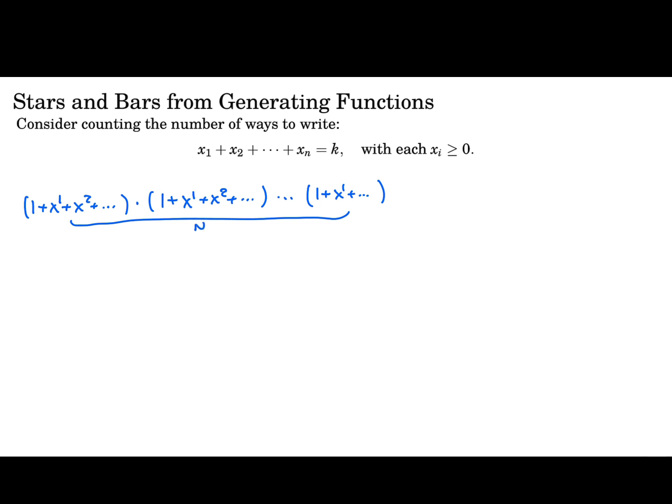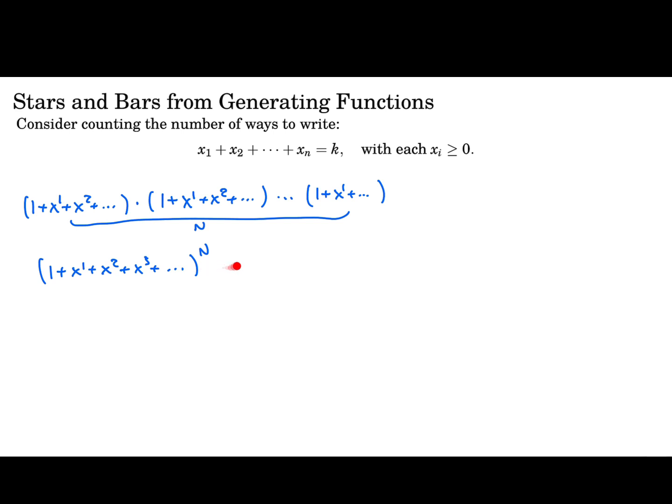In other words, this is just 1 plus x to the power of 1 plus x to the power of 2 plus x cubed, and so on. It's this infinite sum to the power of n. And so this is going to be the generating function for our problem.